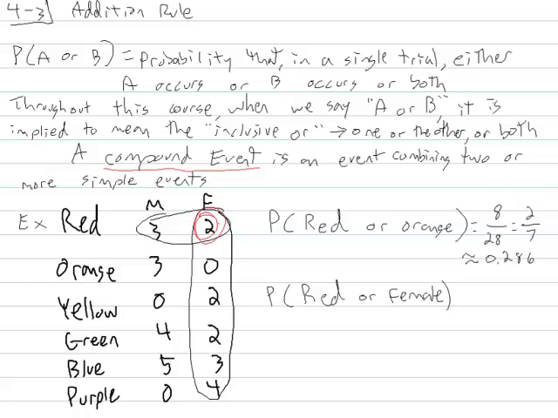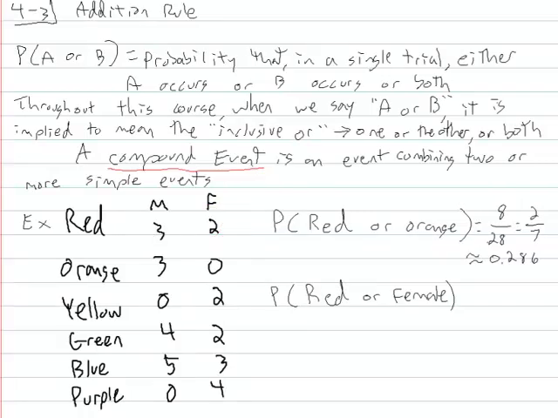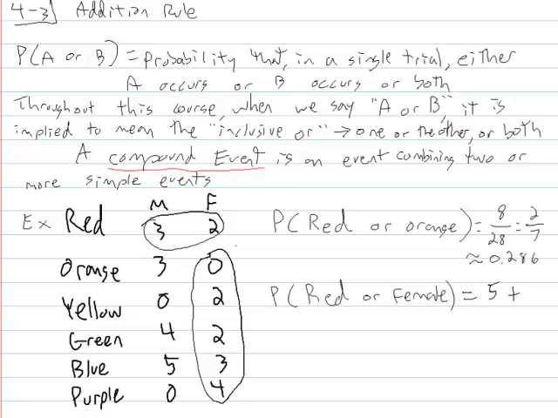So what has to happen then is we have to look at these 5 people who preferred red, plus add in the rest of the successful outcomes that are female, but not add in those 2 that have already been counted.